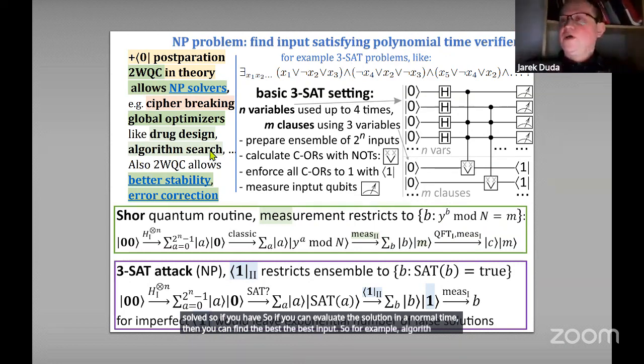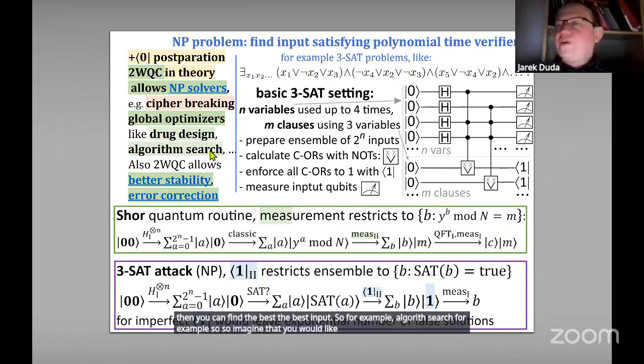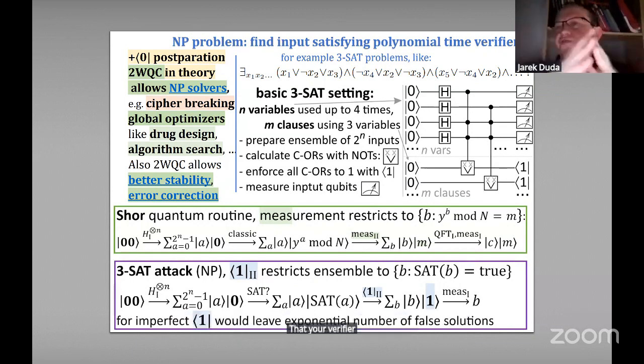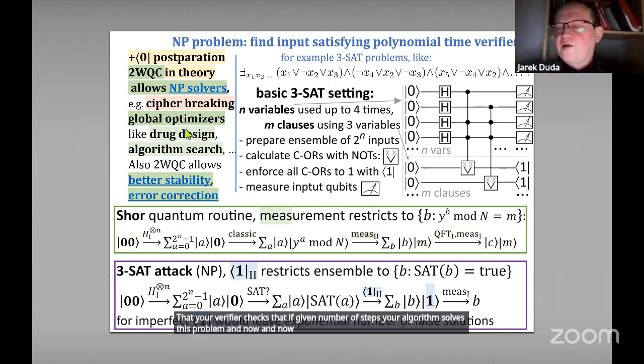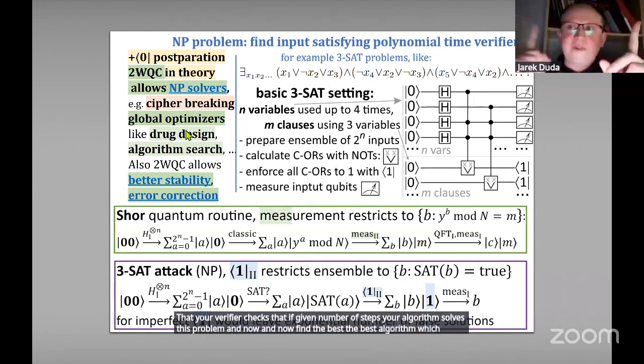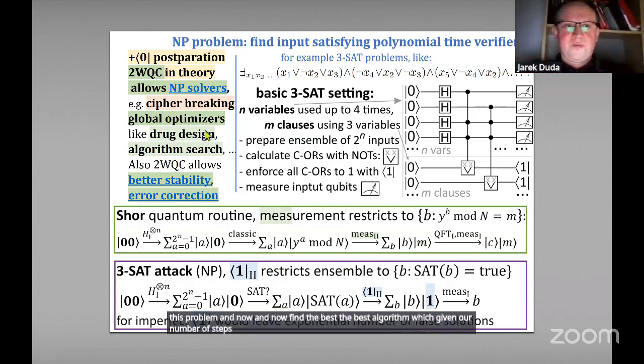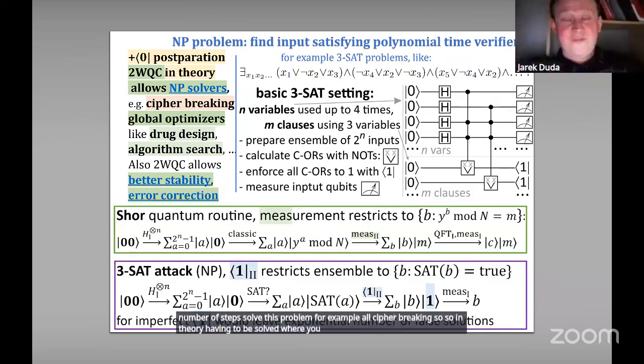Imagine that your verifier checks that, in a given number of steps, your algorithm solves this problem, and now find the best algorithm which solves this problem in the given number of steps. Or cipher breaking. So in theory, having an NP solver, you can break nearly all ciphers.